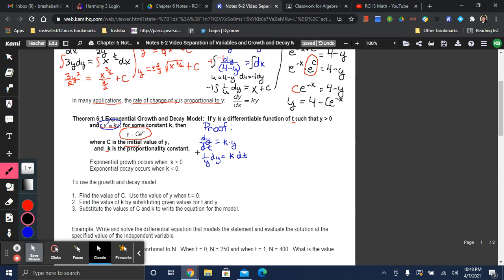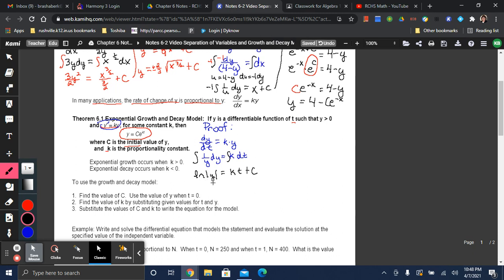And then we will integrate on both sides. And the integral of 1 over y is the natural log of the absolute value of y. And that equals, and then we have k, so its antiderivative is kt, and then plus c.